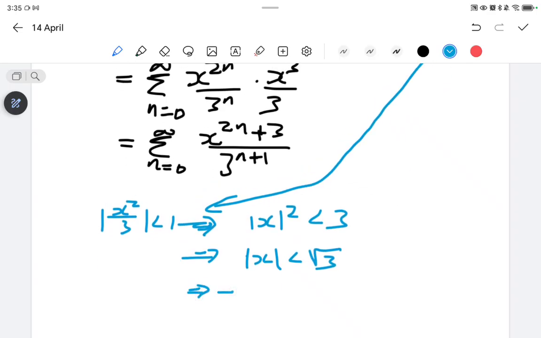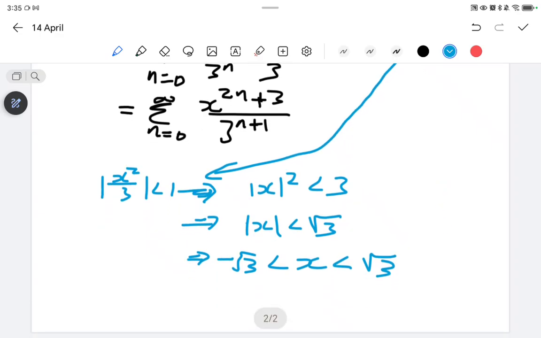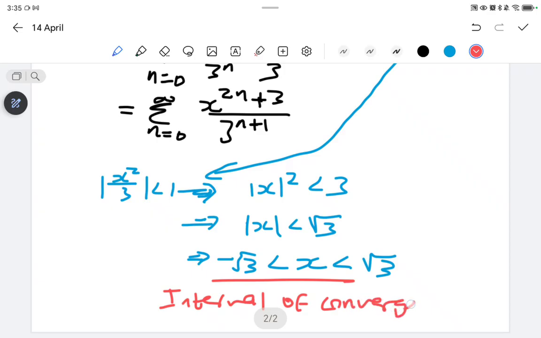This will imply minus root of 3 less than x less than root of 3. You should first put this into x only before you can separate them. Then this will be our interval of convergence because we managed to put that into that format.